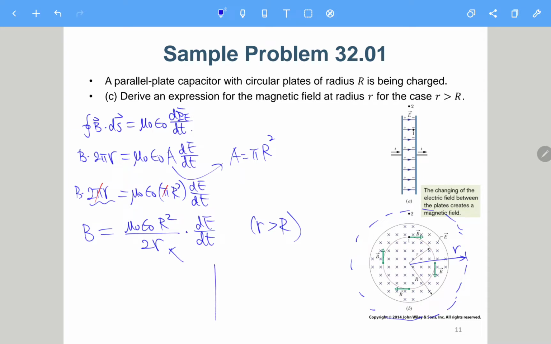So the field looks something like this. For this part, this is B, this is r. This part is proportional to small r. This part is inversely proportional to r. And this is capital R.